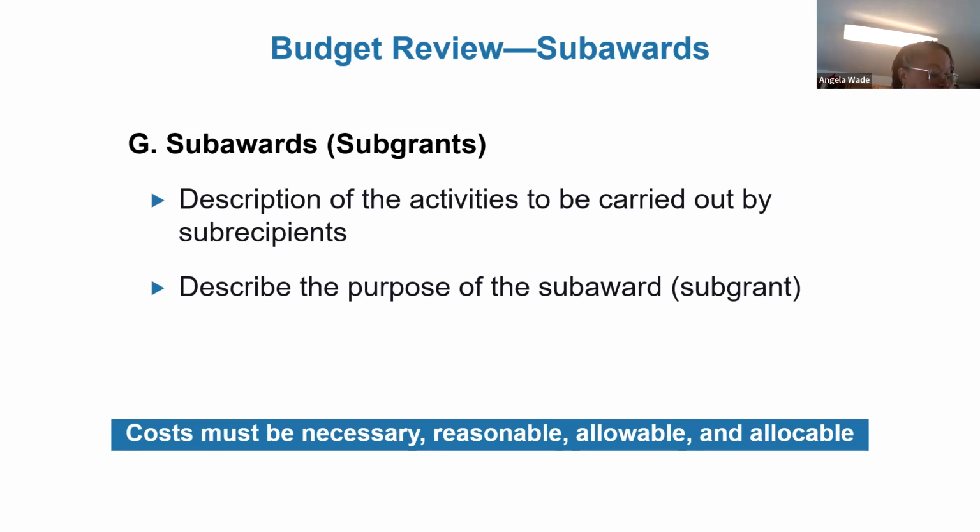And if you have the sub-recipient name, you might want to include that as well. So it's very important that you list out each subaward, how it supports your particular grant program, and the cost that goes along with it. Next slide, please.